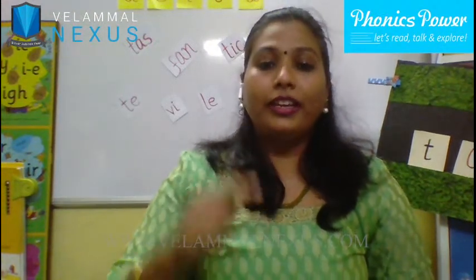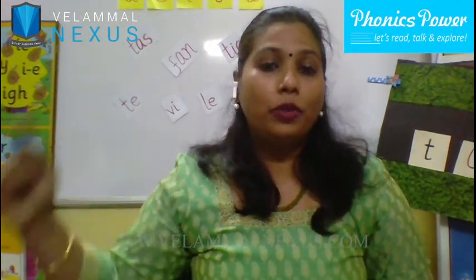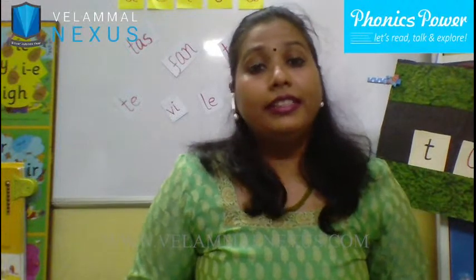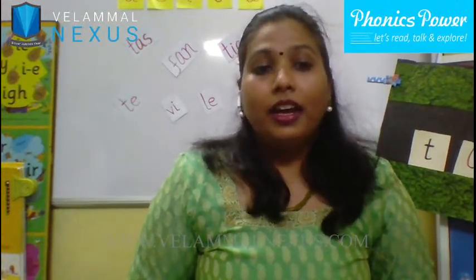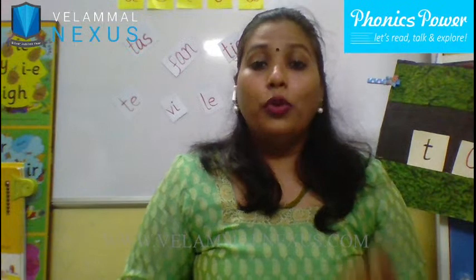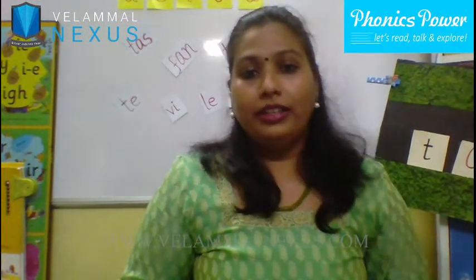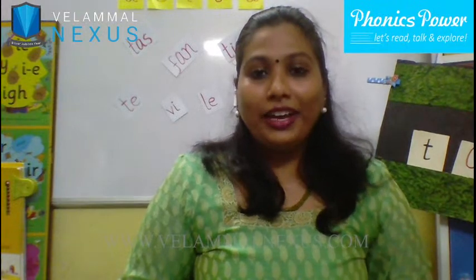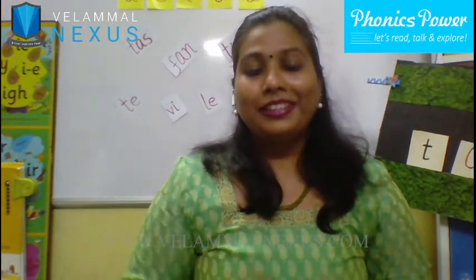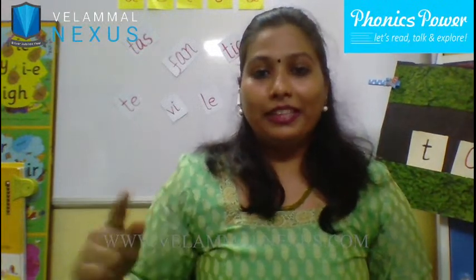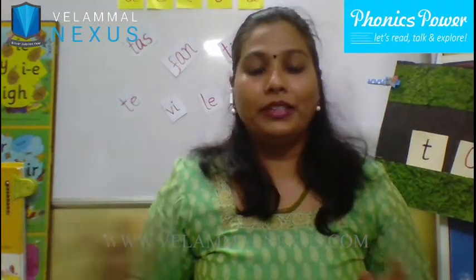You need to take them one step at a time, but reading is essential. Practice is needed. Without practice, I don't think we can achieve what we want. We are looking forward to children who can read fluently and spell accurately. So are we ready to do that? And remember, little steps, step by step, from simple to complex words.